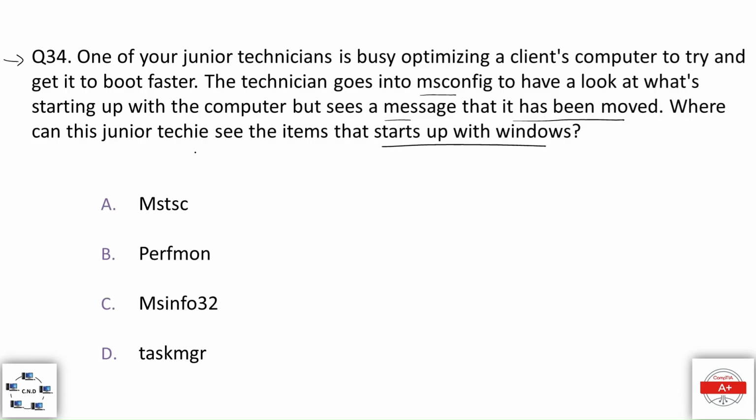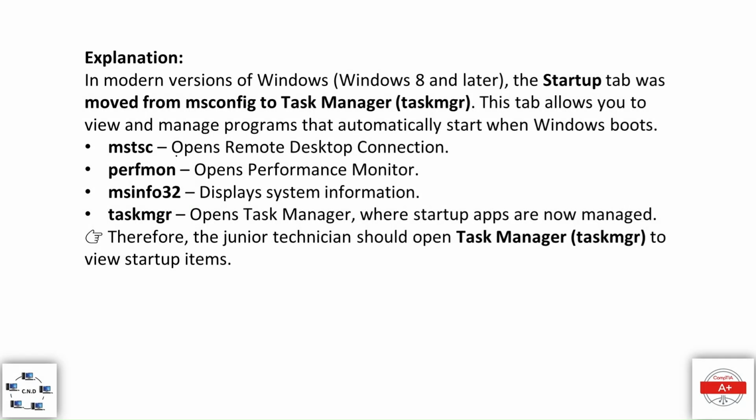The options are option A, MSTSC, option B, Performance Monitor, option C, MSInfo32, and option D, Task Manager. And the correct option is Task Manager. So the startup items can be found in the Task Manager.